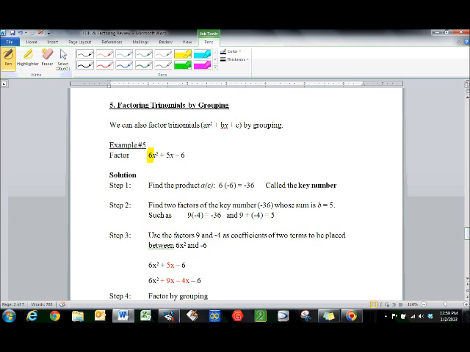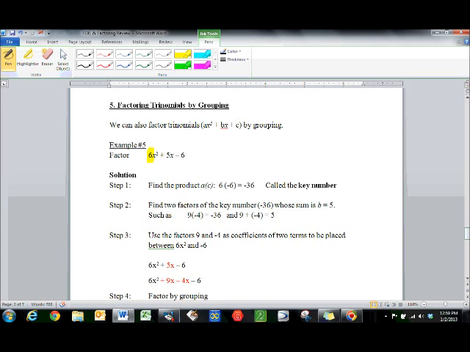Now, unfortunately, over the years, whenever I was coming through Algebra 2, the way that we were taught to do this was through a guess and check method, where you went through a trial and error process of trying to figure out what were all of the factors of the leading coefficient, what were all the factors of the constant term, and trying to find the combinations of patterns that would work to give you the middle term in the trinomial.